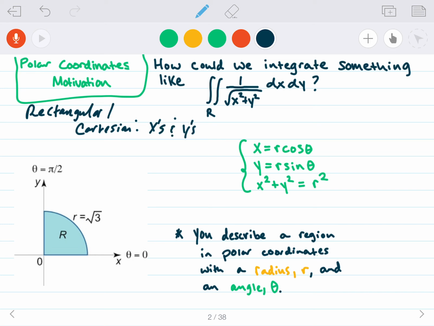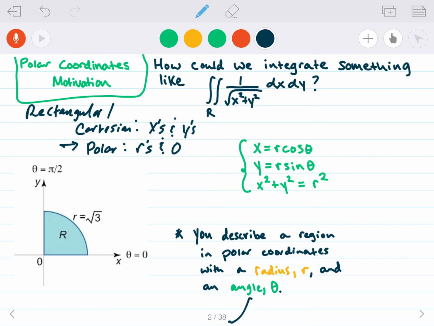And the idea is that we're going to change this to make our integrals look a little bit simpler into r's and thetas, where r is representative of radius, the word radius, and theta is an angle. Okay, so we're going to go from rectangular to polar. We call r's and thetas polar.